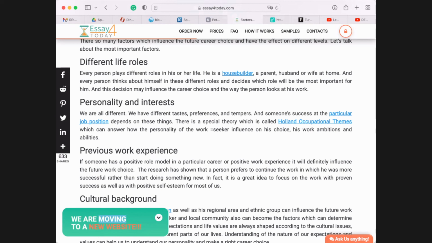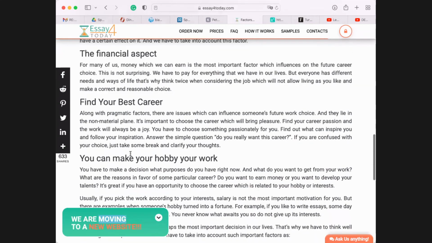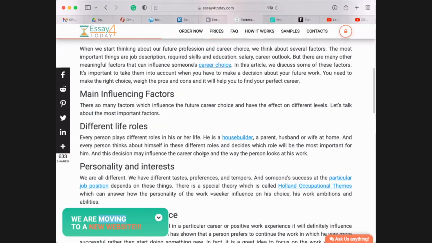You have time. You have desire to do it. It's because the person's interests and maybe hobby coincide, and he or she found the place in his or her life.